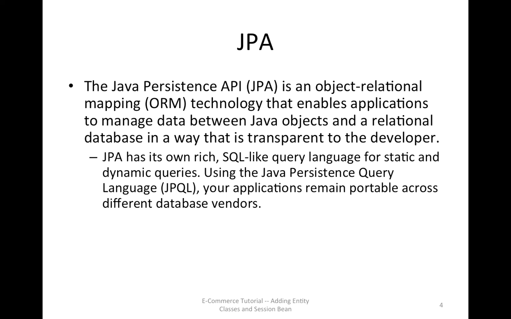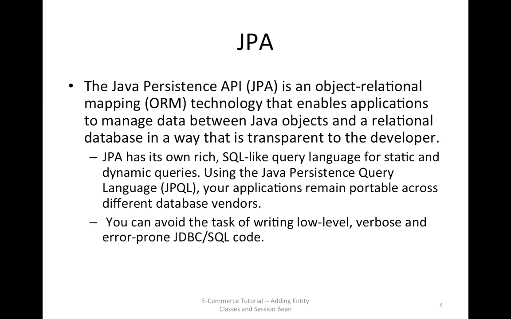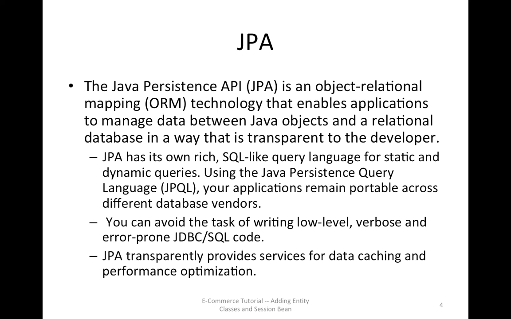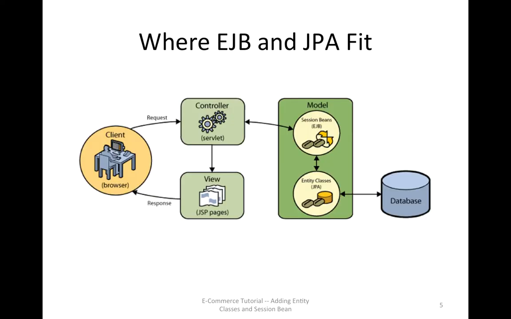Using the Java persistence query language, your application remains portable across different database vendors. You can avoid the task of writing low-level, verbose, and error-prone JDBC SQL code. JPA transparently provides services for data caching and performance optimization.